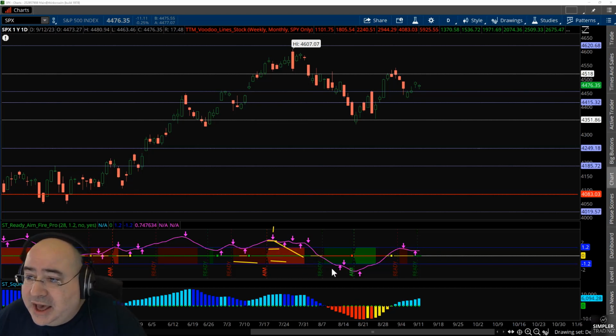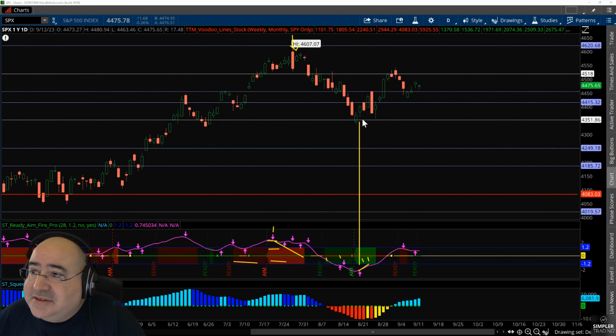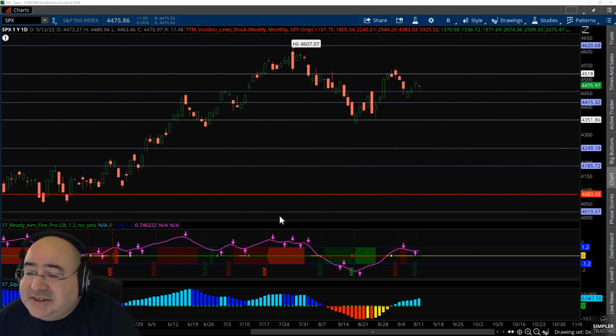The opposite for a buy, right? First you get a ready, and then you get an aim, and then a turn back up. And you can see that we got these from a sell near the high, a buy right here, up off of the August 18th low. And those were some good signals, but we'll get to that when we get to how to trade with the indicator, but just how to interpret it, right?